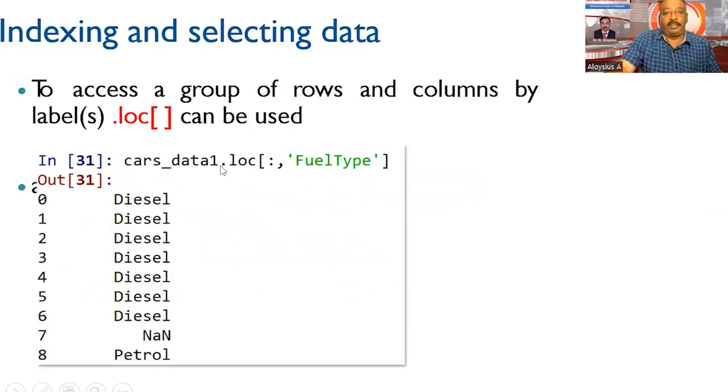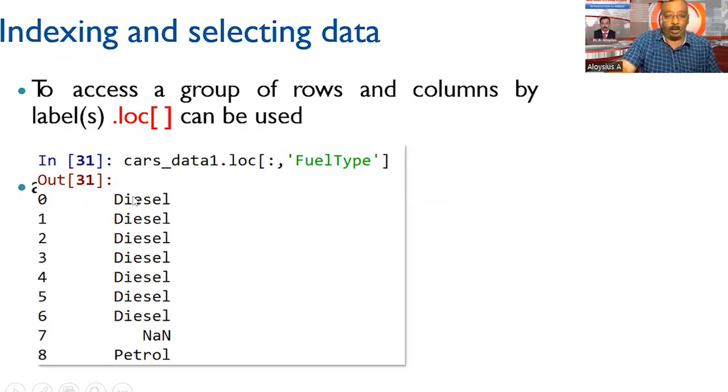Indexing and selecting of data can also be done by the .loc command to access a group of rows and columns. If you want to specifically use one value, you use at and iat. If you want a group of rows and columns, then the .loc command can be used. For example, cars_data.loc, where the colon means you fetch all the elements of the rows, for a particular column called fuel type.